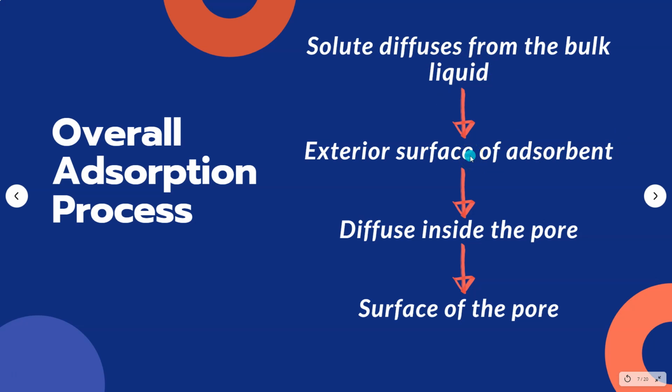Then it will diffuse inside the pore of this adsorbent, and finally it will diffuse into the surface of the pore. So from liquid to the surface of adsorbent, inside the pore and surface of the pore.